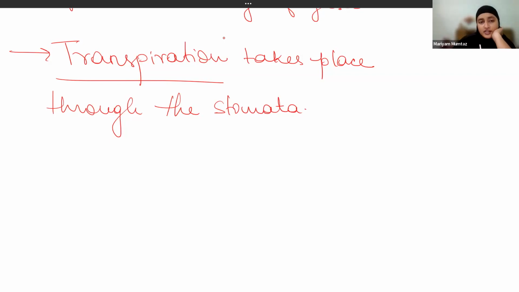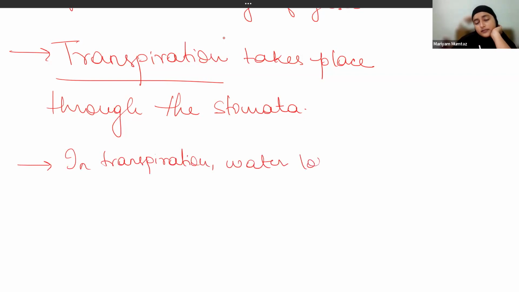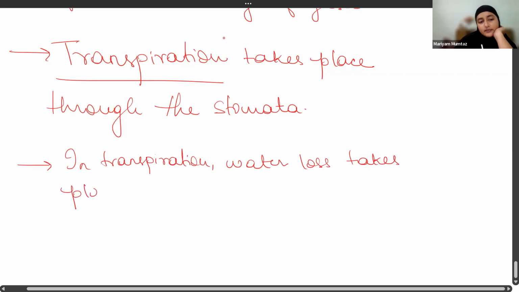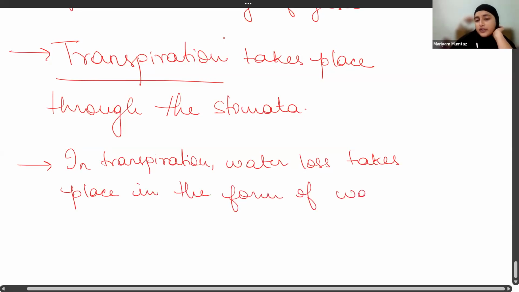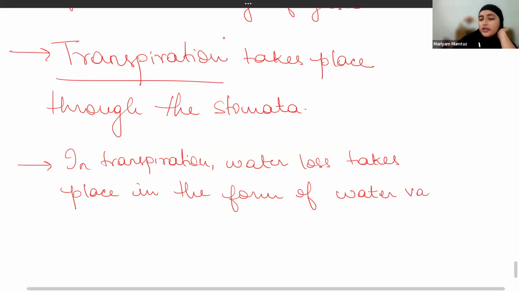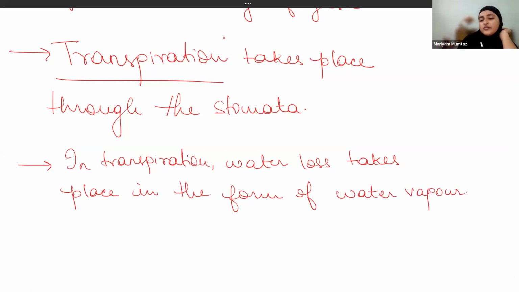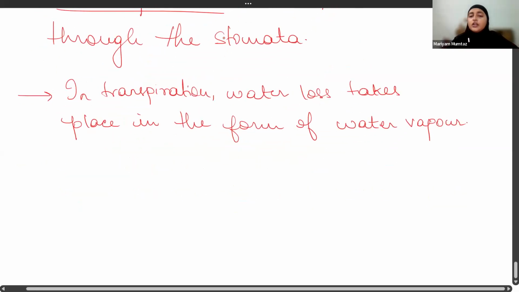So you can write that in transpiration, water loss takes place in the form of water vapor. The water turns into water vapor and is released into the atmosphere.